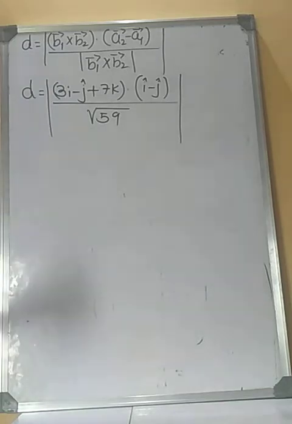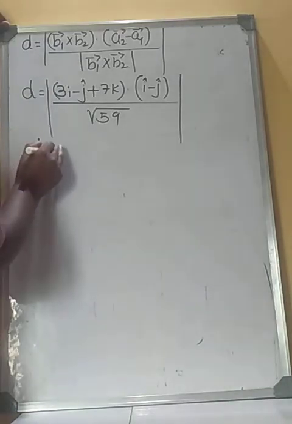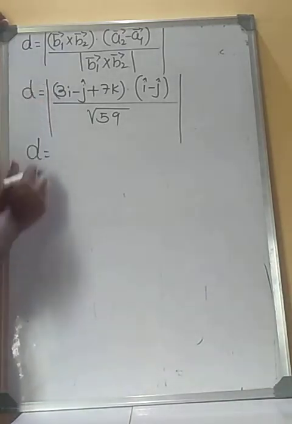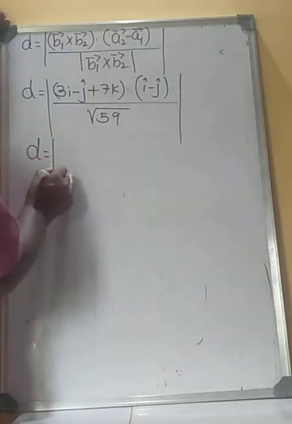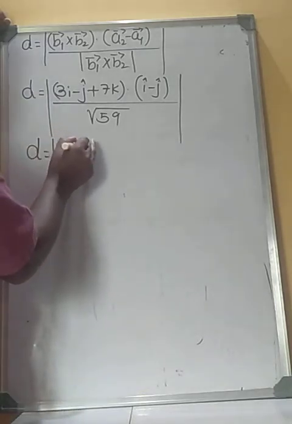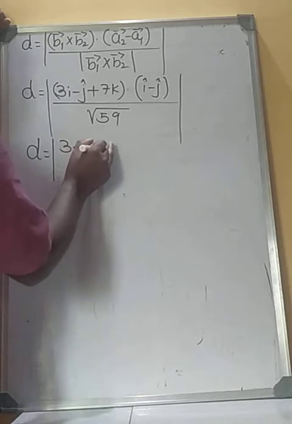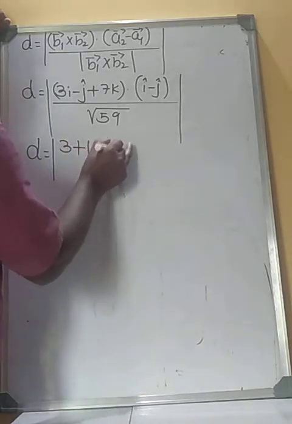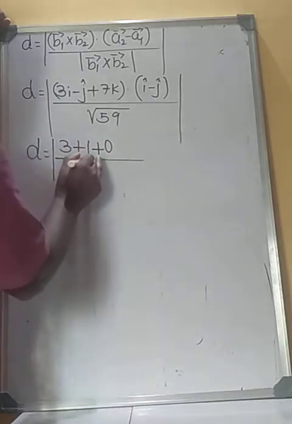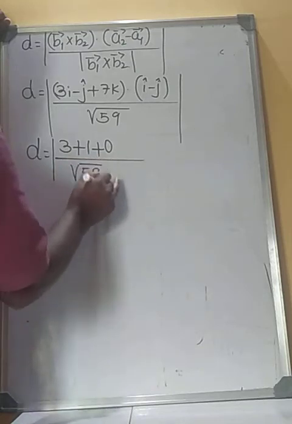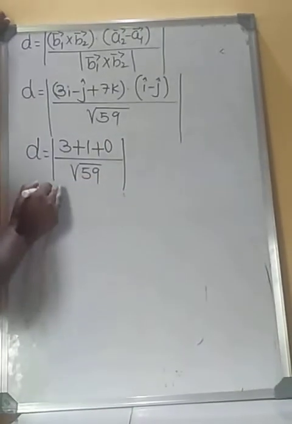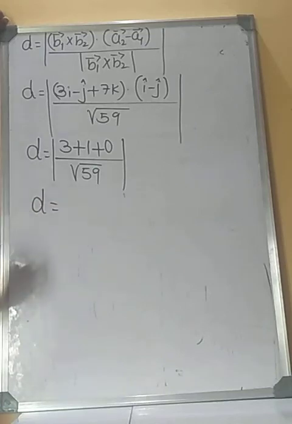So D equals magnitude of 3 plus 1 plus 0 dividing by root of 59.